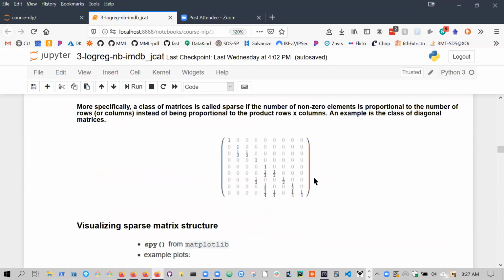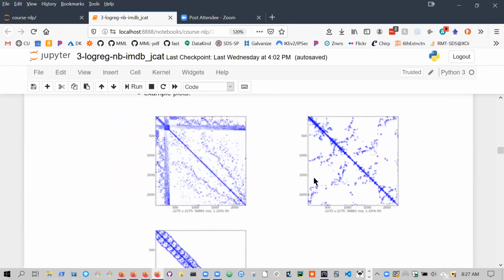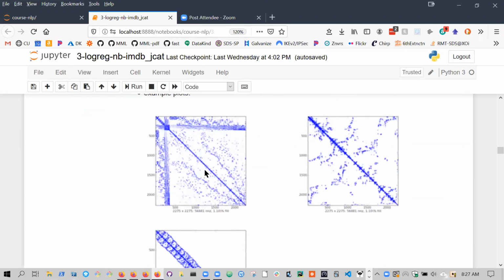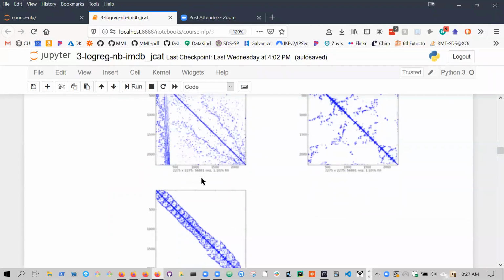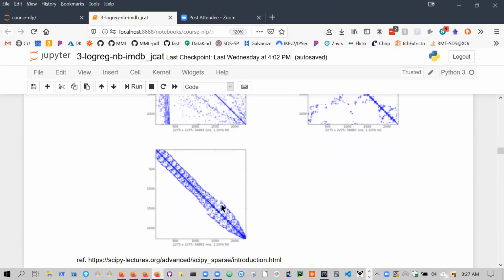So next, Rachel goes through how sparse matrices get stored, and this is pretty interesting. These are some sparse matrices whose structure you can look at, and sometimes they have really interesting structure. The point being that most of it is empty space, and so it would be a waste of space and compute resources to store these as regular matrices.